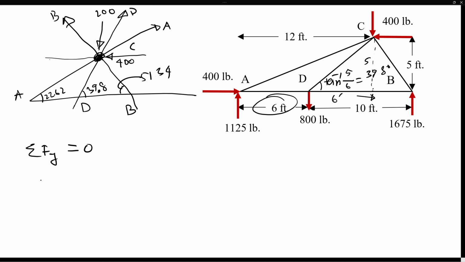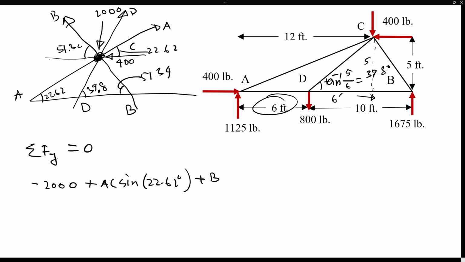So if we do Fy, the 2,000 pounds is negative, so it's going to be minus 2,000 pounds plus AC sine 22.62 degree for the vertical component, and then the BC force at 51.34 degree, so that's going to be BC sine 51.34 degree, plus DC force.